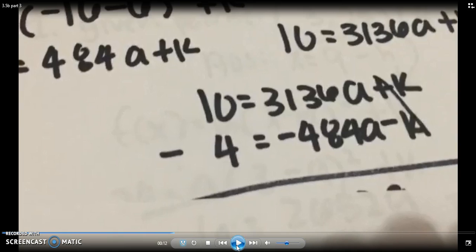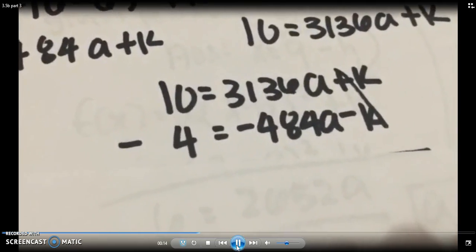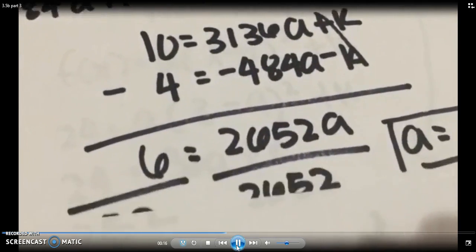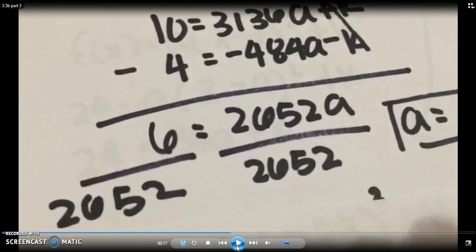So I turned 4 equals 484a plus k into a negative equation. So 10 equals 3136a plus k, minus 4 equals negative 484a minus k. Your k's would cancel each other out, and it would be 6 equals 2652a.